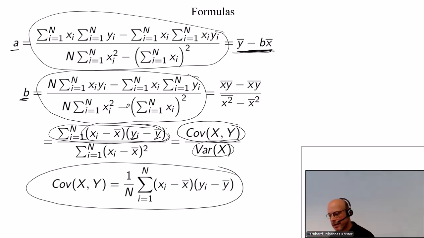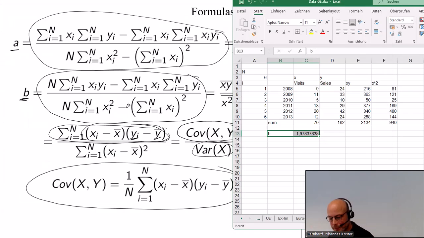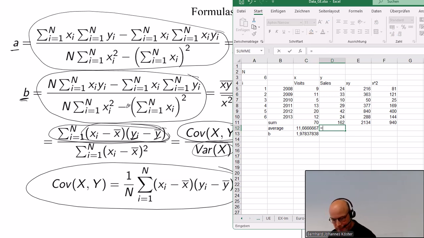So let's calculate y bar and x bar. We obtain x bar by 70 divided by 6, and of course y bar is 162 divided by 6.